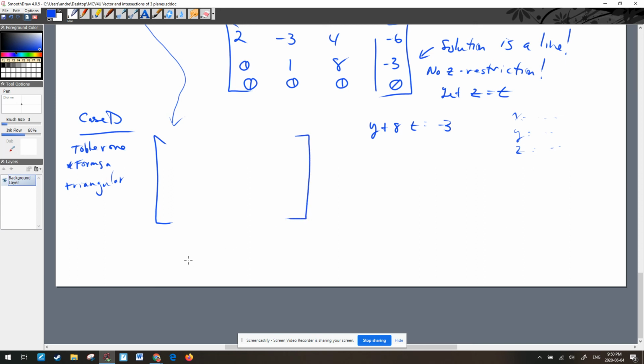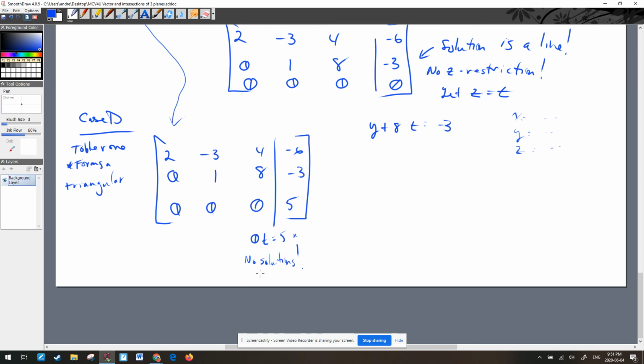It might look almost the exact same: 2, -3, 4, -6, and then this line was 0, 1, 8, -3, and then 0, 0, 0, 5. So it starts out almost identically, with three non-parallel, non-coincident planes. Then we do our reductions and we get down to here, and this tells me that 0t equals 5, which means there are no solutions.